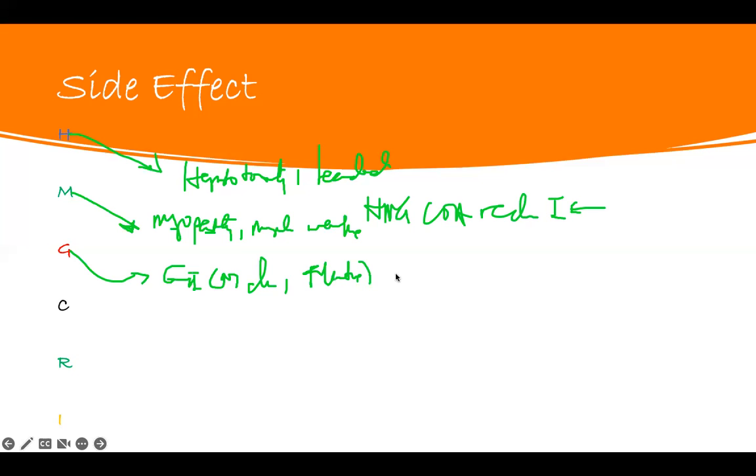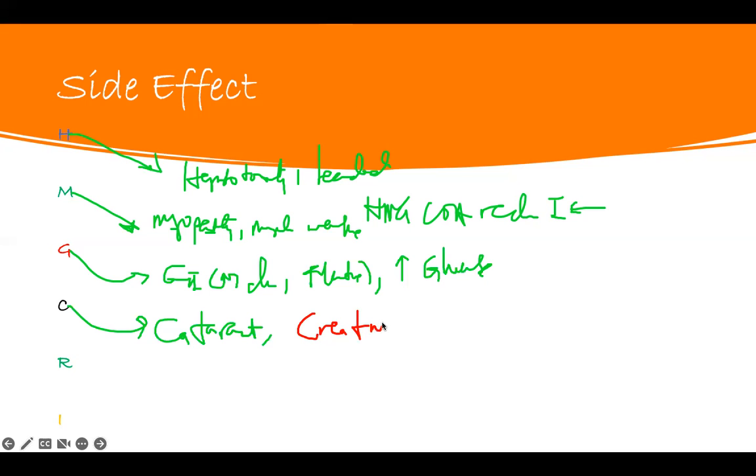The G can also be glucose, so it increases your glucose, makes your glucose go up. The C is cataract, a high problem. But the serious part of the C is this one, I'll use another color, red: creatinine.